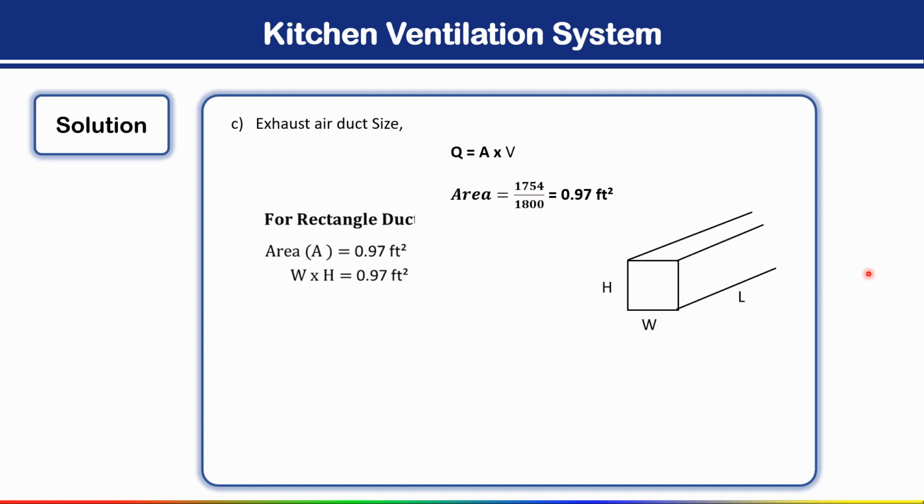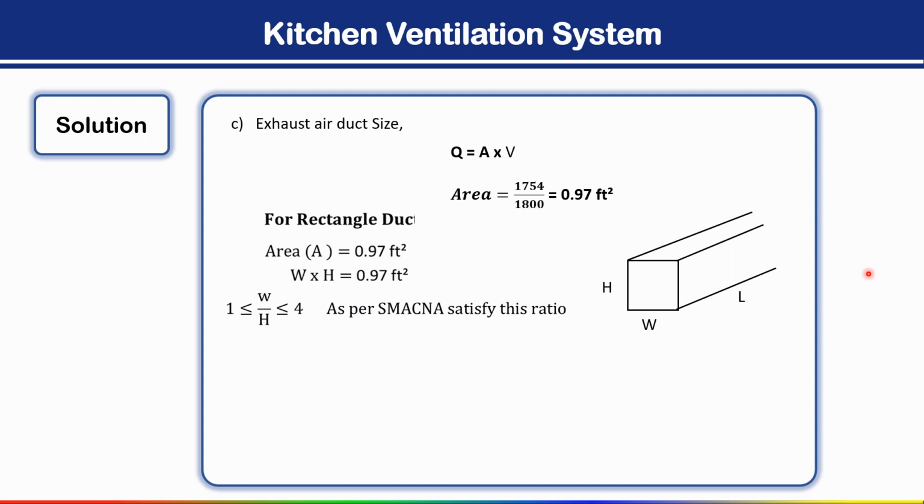Now here we have to follow this aspect ratio. It means we have to assume the height of the duct, because we don't know the height here. It is based on your site requirement, that is, what space is given for height. Based on that height we design the duct, but here we don't know it, so you have to assume the height.